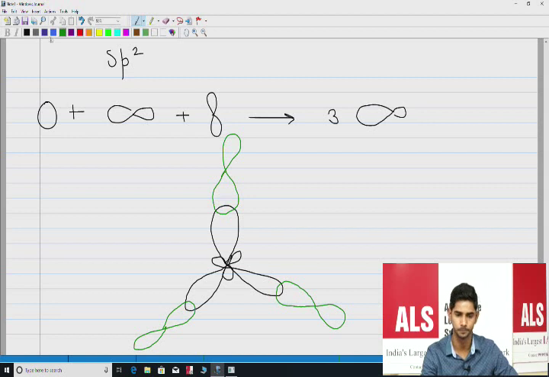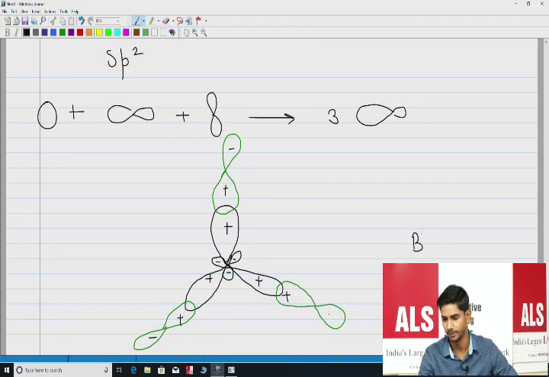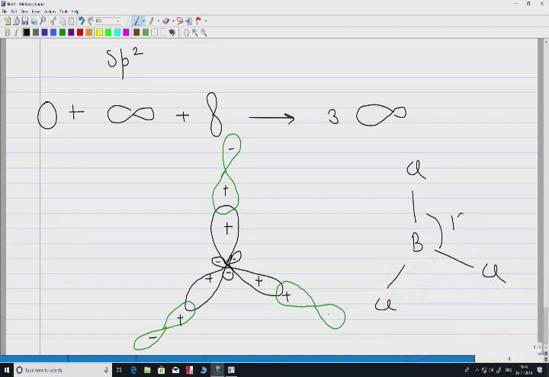Okay, and check out minus, plus, plus, minus, minus, minus, plus, plus, plus, minus, plus, minus. Okay, see, boron, chlorine, chlorine, chlorine, the angle is 120 degrees.